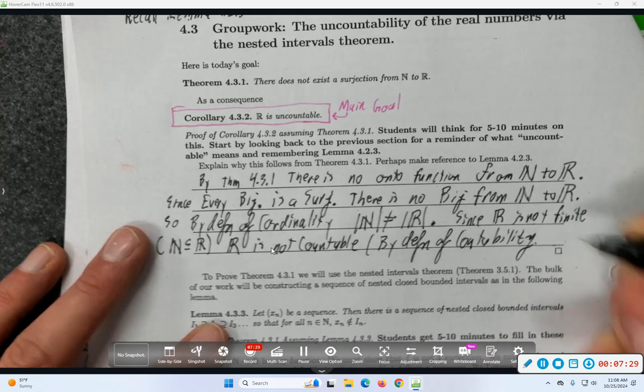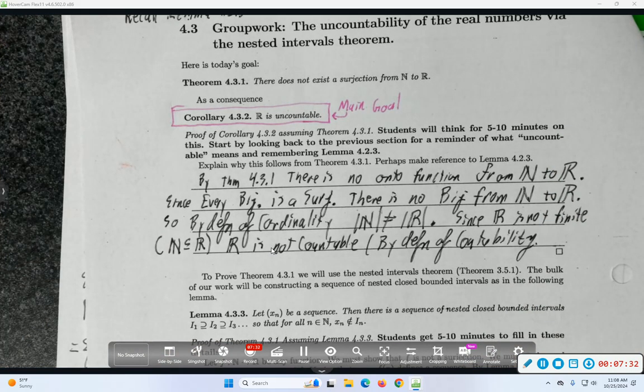Rearrange those, get the logic into something you like. So this argument explains how to conclude what we want to prove if you know theorem 4.3.1.